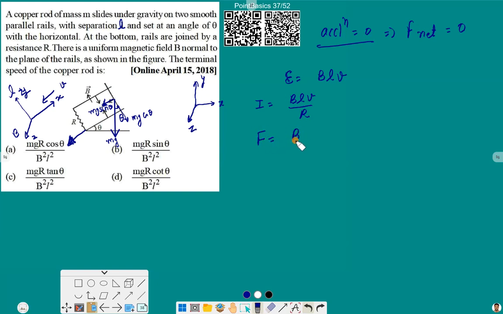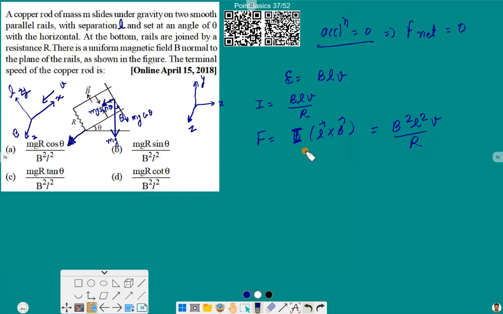The force formula is I into L cross B, and L and B here are perpendicular. The length is along the y axis and the magnetic field is along the z axis, so the force acting will be B square L square V divided by R.